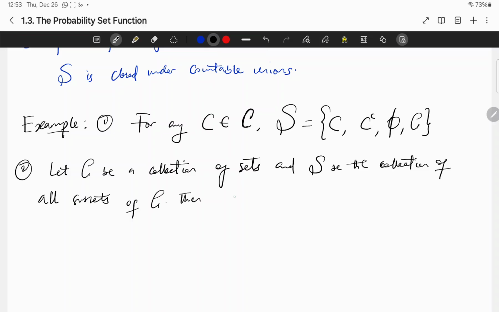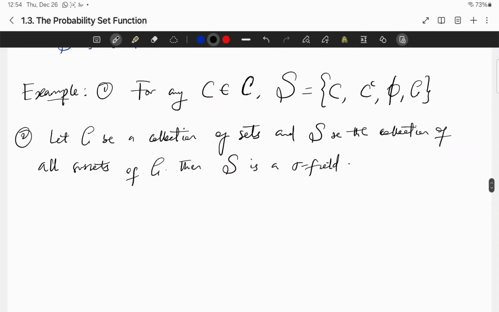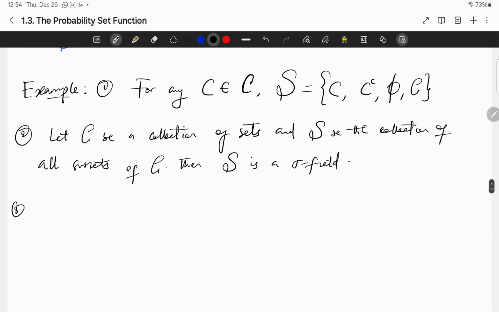Then our X is a sigma field, and this is called the power set of C. This is the largest possible sigma field you can generate from that set. Then the smallest possible sigma field has to do with the intersection.